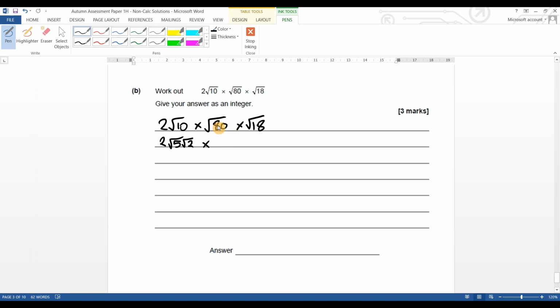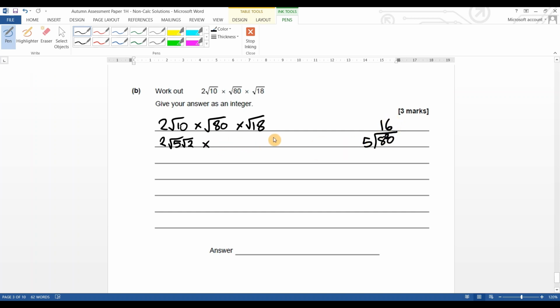times, what's the biggest square number that goes into 80? Does 16 go into 80? Let's just double check. How many 5s go into 80? 5 goes into 80 sixteen times. Yeah, 16.